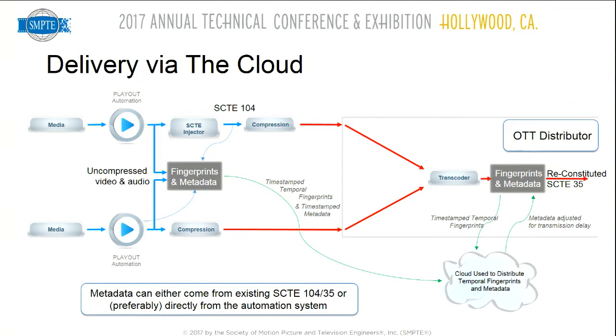And being able to extract those metadata markers, that timing information, the content IDs at the beginning, at the source, and distribute them down to receivers at specific points through a cloud-based delivery method, we can ensure that the metadata reaches the endpoint before the video gets there.